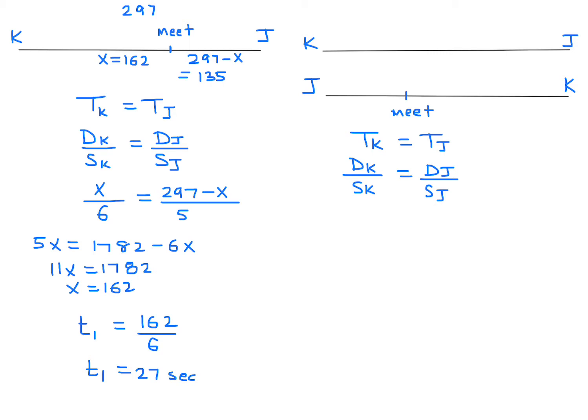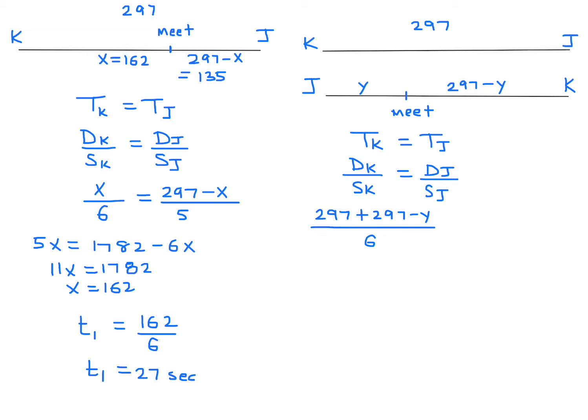So this is 297, and I'll just call this y, and therefore this will be 297 minus y. So dk, which is Karuna, she goes all the way there, 297, and then goes there. So it would be the 297 plus the 297 minus y.